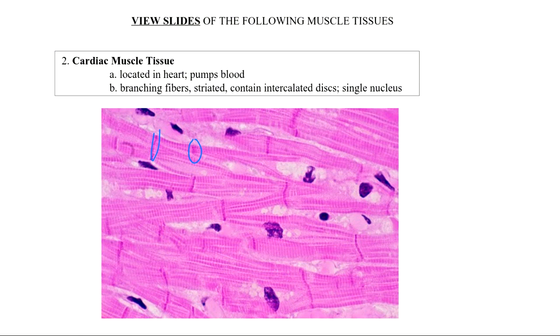Cardiac muscle is a single nucleus, meaning it has 1 nucleus per muscle cell. But again, it's also striated and only found in the heart, so that's the only location. And it's going to pump blood, right? When it contracts, it's going to push blood throughout the body. All right, so that is cardiac muscle tissue.